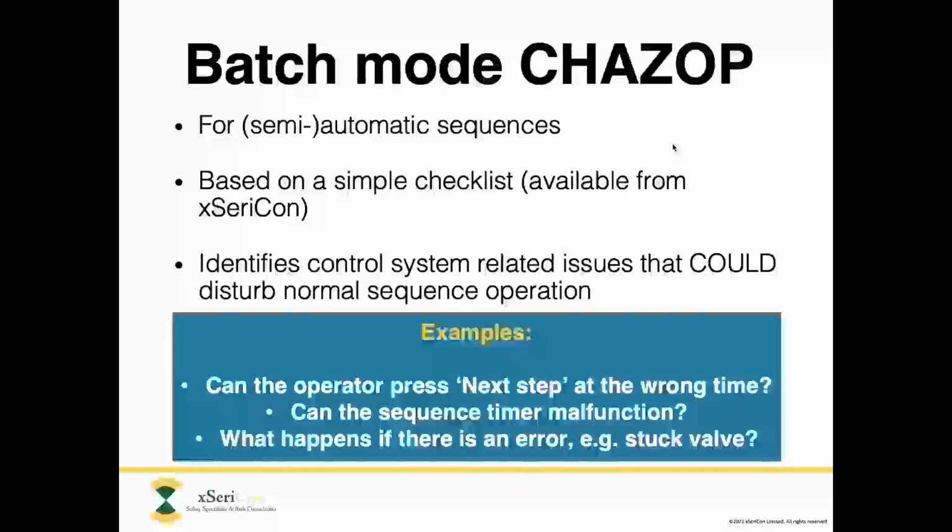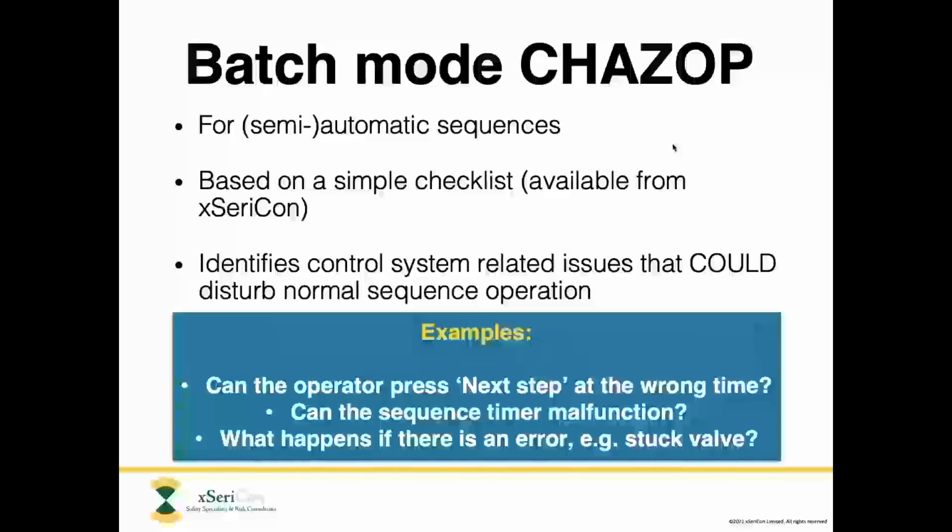Or maybe some bounce in the button that causes it to skip forward 2 or more steps at the same time. Now, all we're asking at this stage is whether it is possible for that kind of upset to occur. We don't need to ask about the consequences of it. We just need to ask about the possibility that it could occur. Consequences will be assessed later in the HAZOP study. So we just need to know yes or no. Can it happen? What kind of upsets are credible?